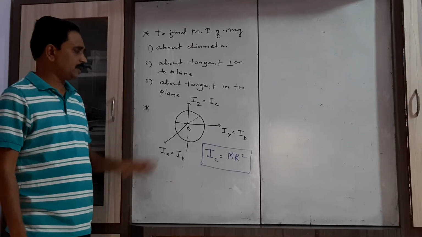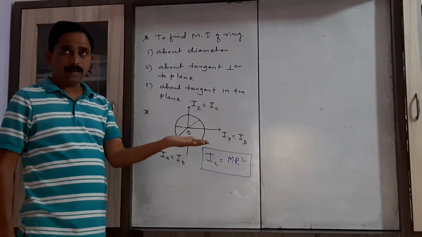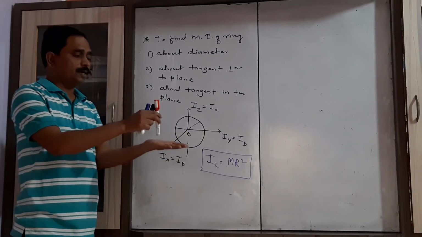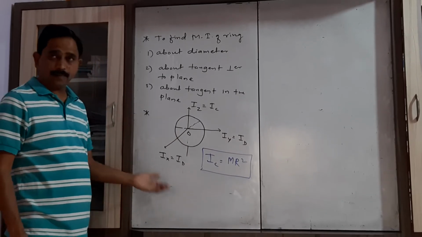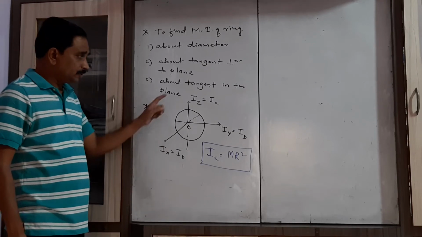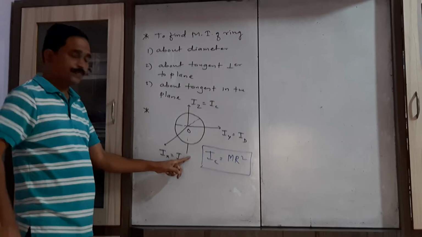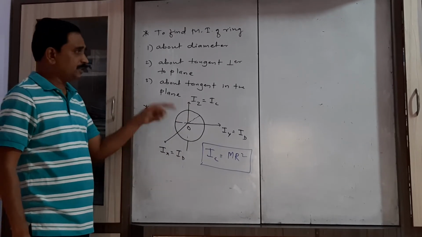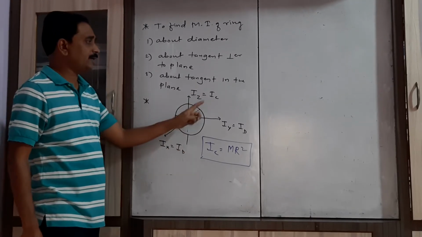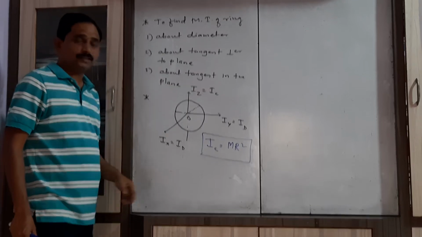Now consider this ring, which is again kept in a horizontal plane. Now you have to consider one axis which is passing through the center and perpendicular to the plane. So here I draw one axis which is passing through the center, which is considered as the z axis. As it is passing through the center, I write here IC, the moment of inertia of the ring about its center.